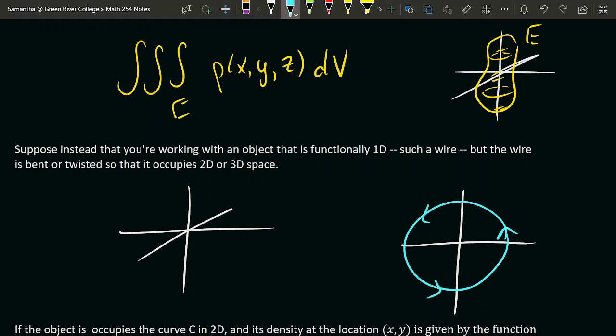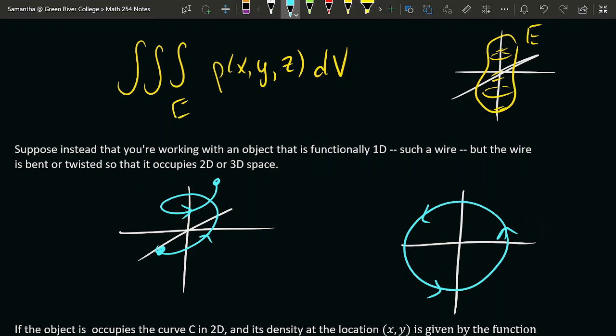The one-dimensional wire lives within two-dimensional space, or the one-dimensional wire lives within three-dimensional space. In this particular case, if you want to calculate the mass of an object in these situations, the technique that you need to use is a line integral.